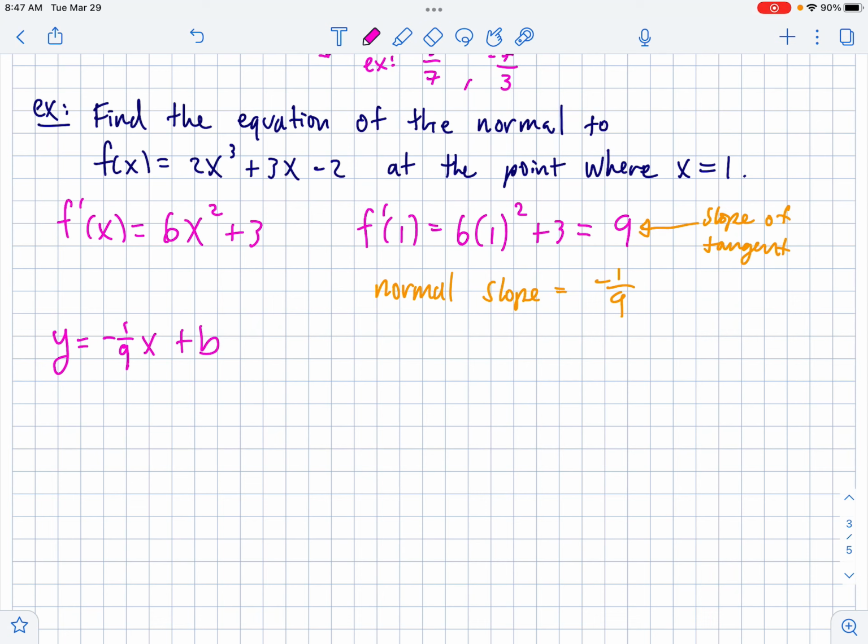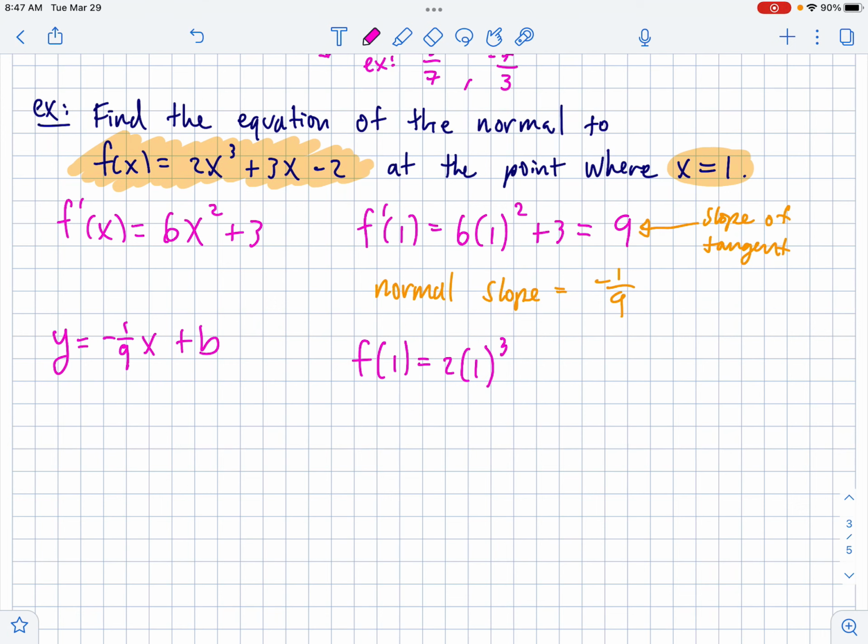So far, our normal line is negative 1/9 x plus b. Now, we don't know the b value, but we need to plug in a coordinate. And how are we going to find a coordinate? Well, it's the same way we did in that last problem. We're going to plug in 1 into the coordinate machine to figure out what point it touches.